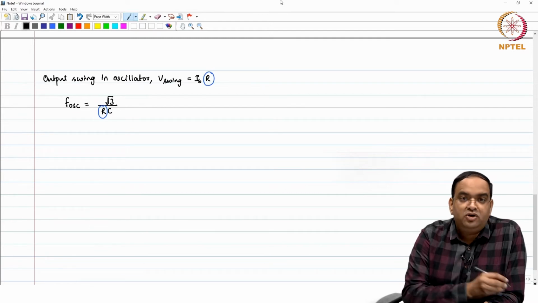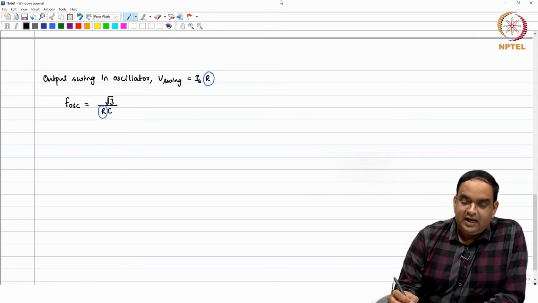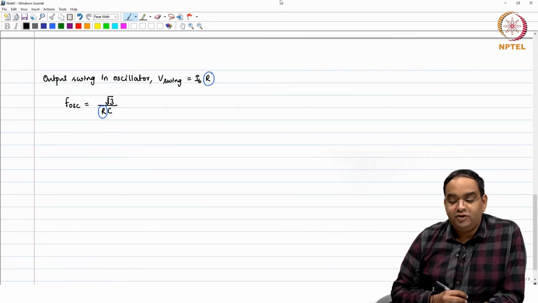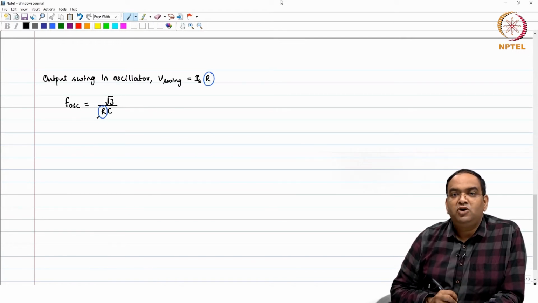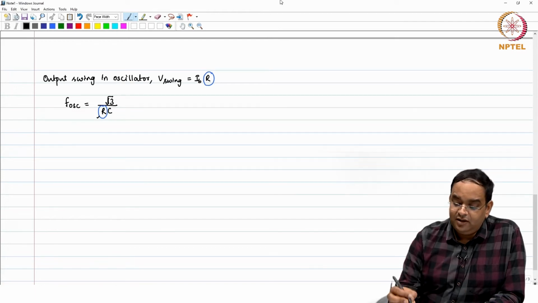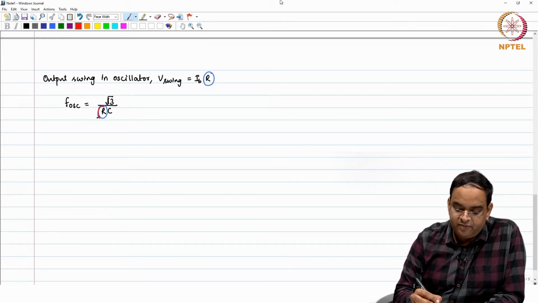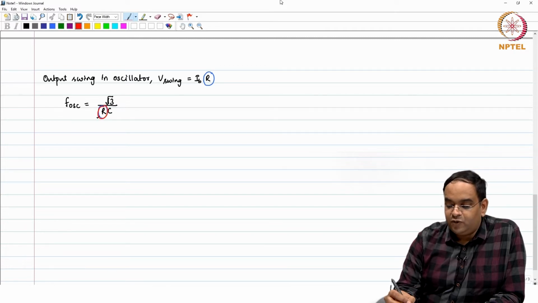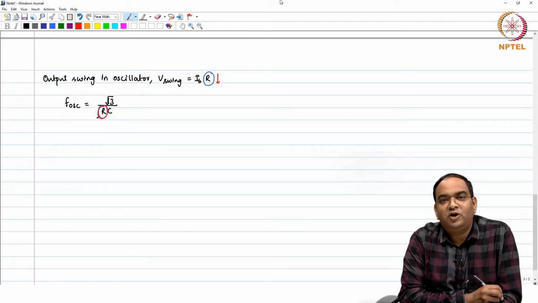But when you would like to vary the frequency of the oscillator, while varying the frequency using the resistor, your output swing will also vary, which is not a good thing. On top of that, as you want to increase the frequency of the oscillator by reducing R, your output swing drops, so at higher frequency your output swing is lesser.